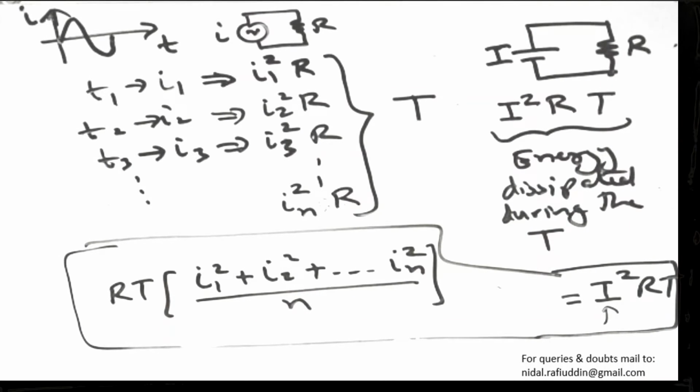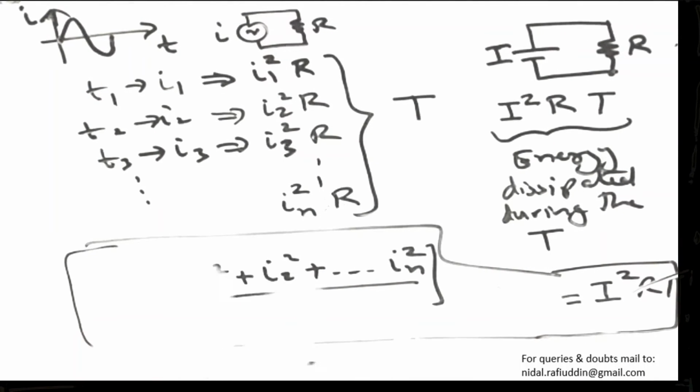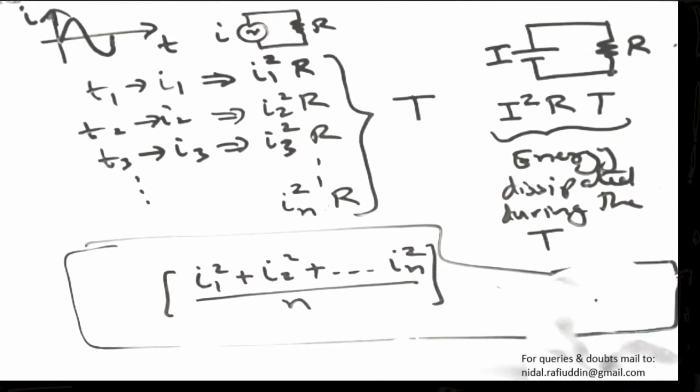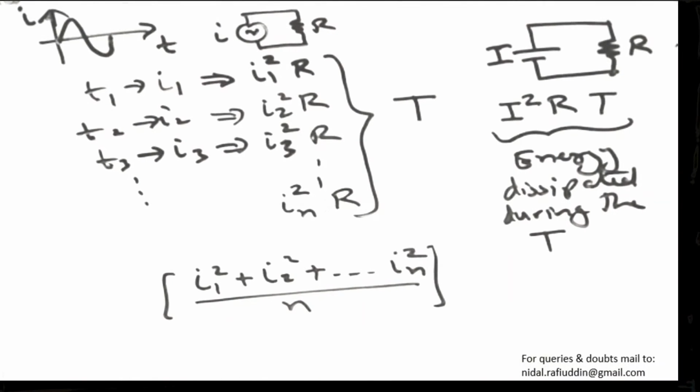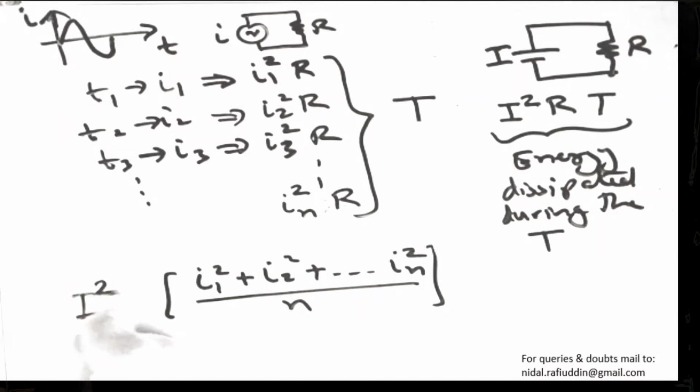And again, if we further look into it, first of all, we cancel out these two terms, RT and RT. So what we are left with is I square, equal to, so this is the DC value, and again we can write this as RMS.